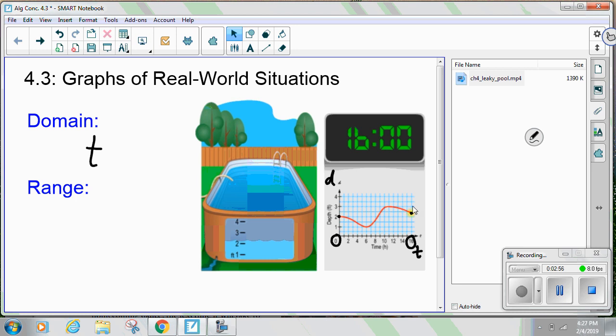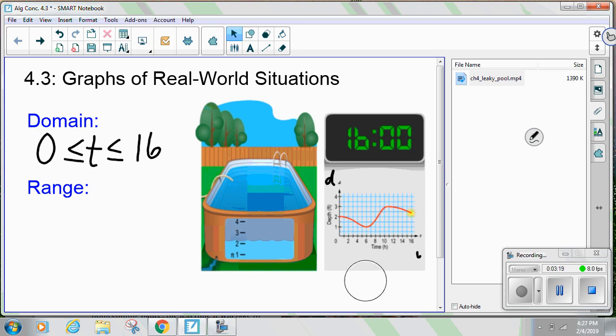So our domain goes between 0 and 16. So if you recall how to write that domain, we need our inequality symbol. So the domain is going to be greater than or equal to 0, but less than or equal to 16. So that tells me between 0 and 16. So there's our domain.